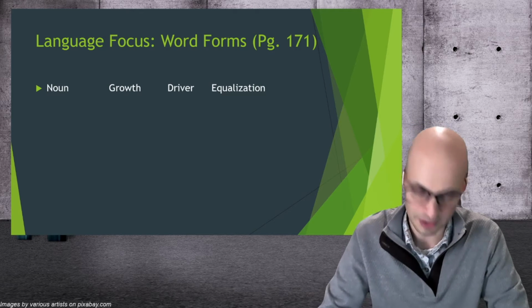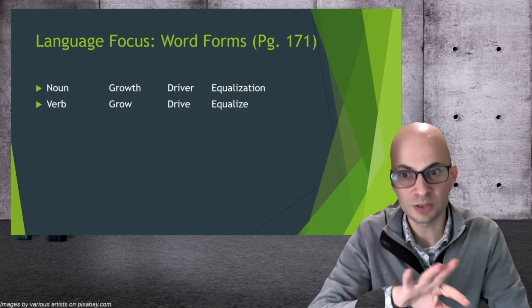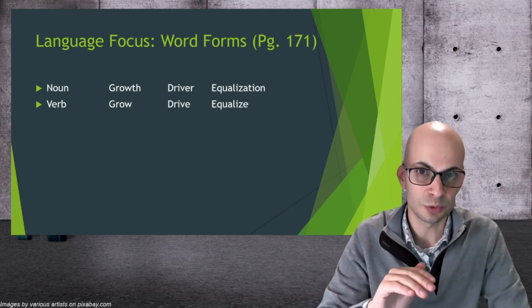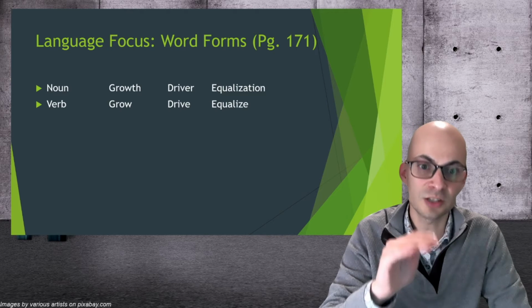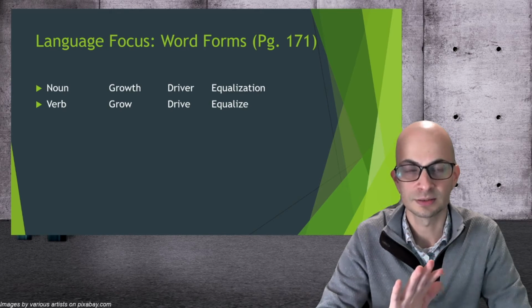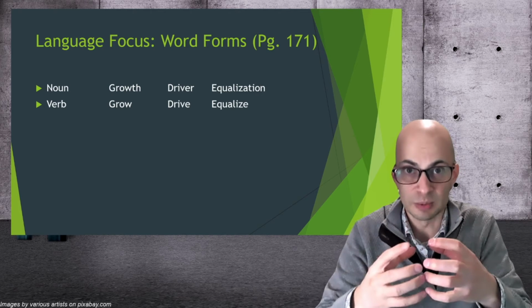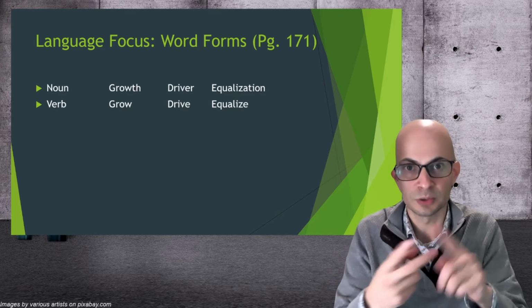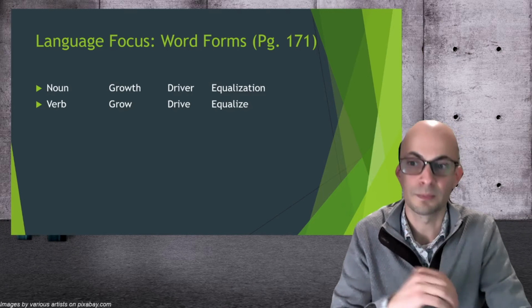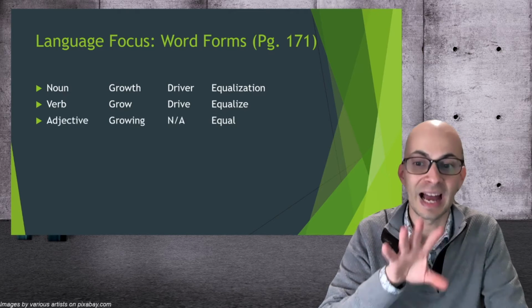So here we have a noun. If we change it to a verb, growth becomes grow, driver becomes drive, equalization becomes equalize, right? The verb is action, so these are action words. Noun is a person, place, thing, or idea. Okay, next one we have adjectives.